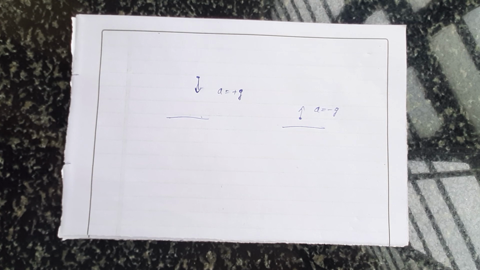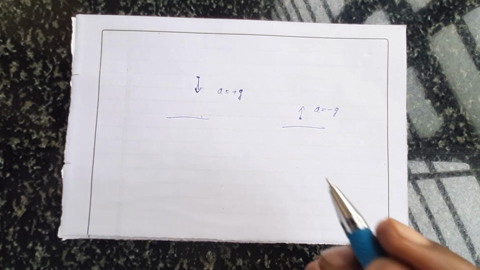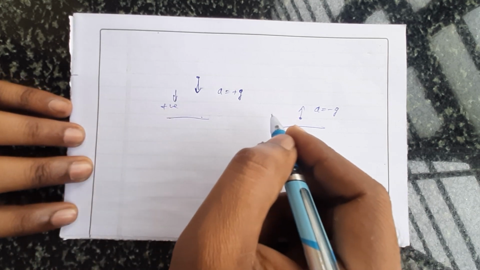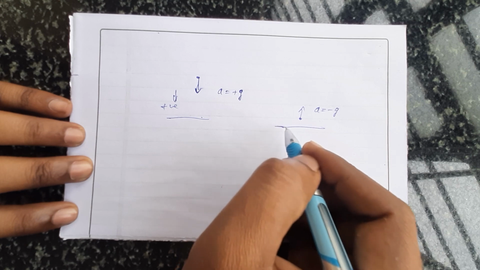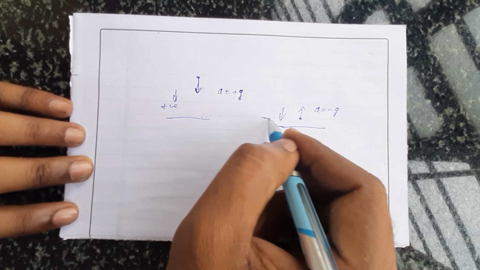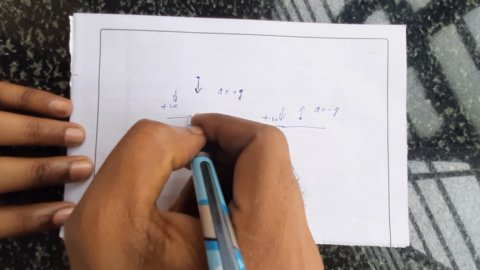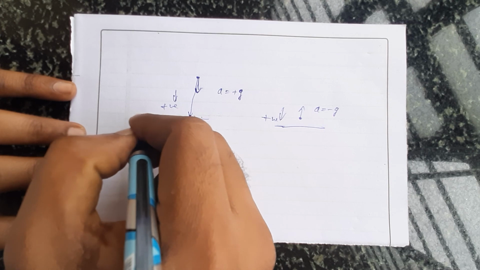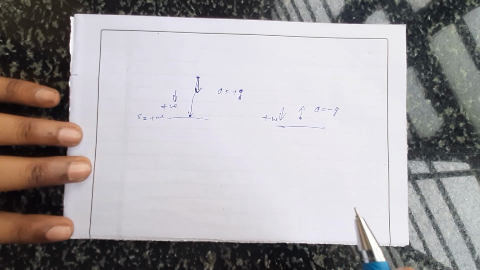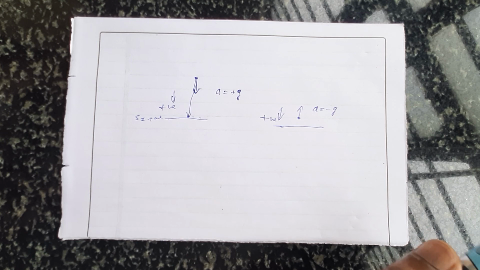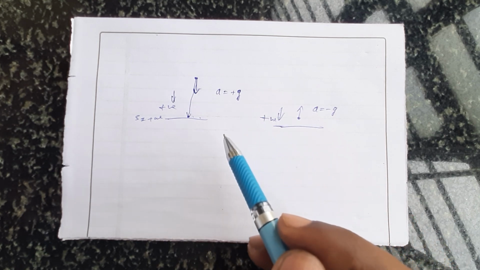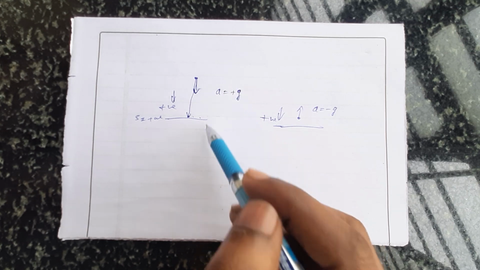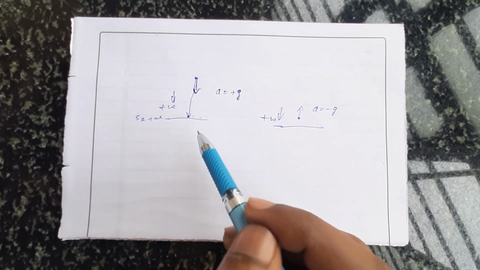Because we took the downward direction as the positive coordinate always, here also the downward direction is positive, for initial position and final position. So displacement is also positive here. Keep it in mind, because acceleration is always directed downwards.